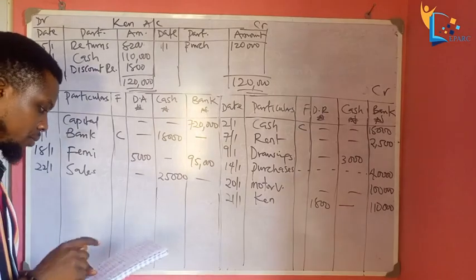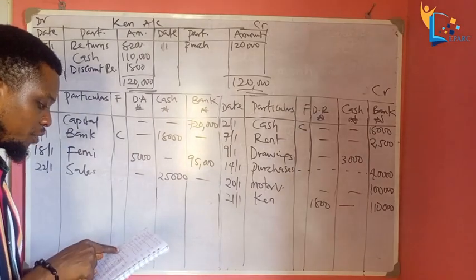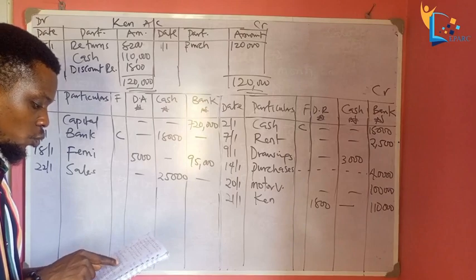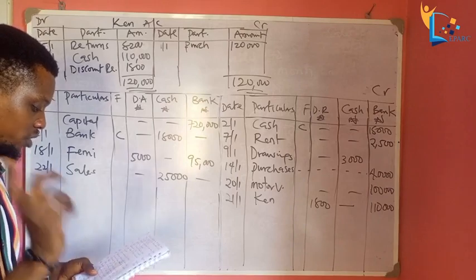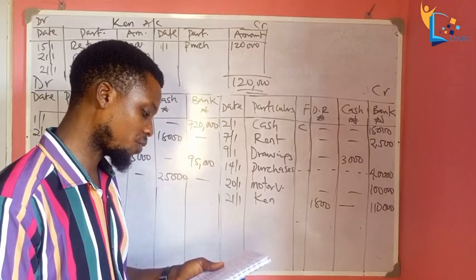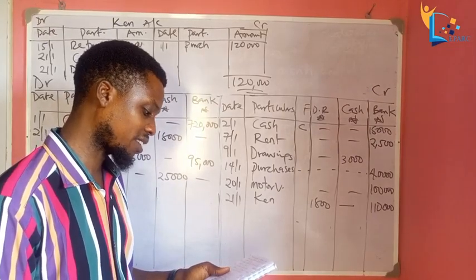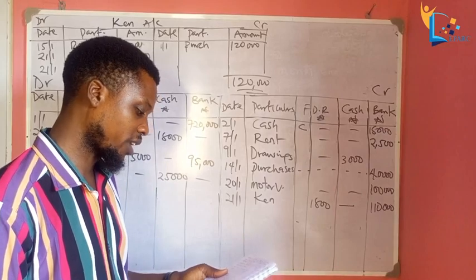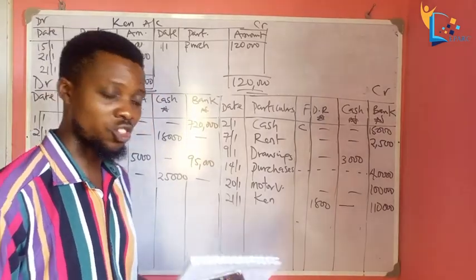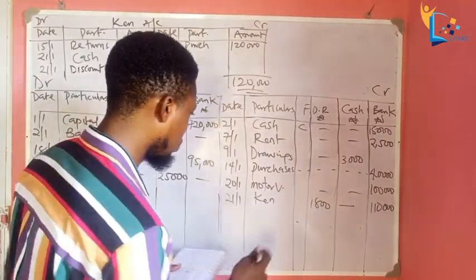Okay, so the next one, goods returned on the 25th. We have treated that. Purchased goods worth 17,000 on credit from OK. We have treated that. On the 27th, paid cash of 18,000 to SA after deducting discount of 10%. This is after deduction now.